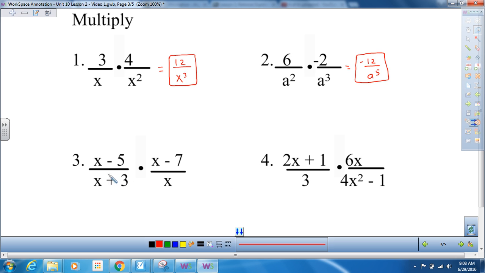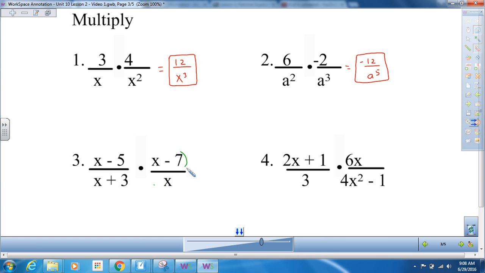Okay, on this one, x minus 5 times x minus 7, x plus 3 times x. Nothing can be factored, and nothing can be canceled. Remember, you cannot do this, because this x is attached to this minus sign. There's those invisible parentheses.